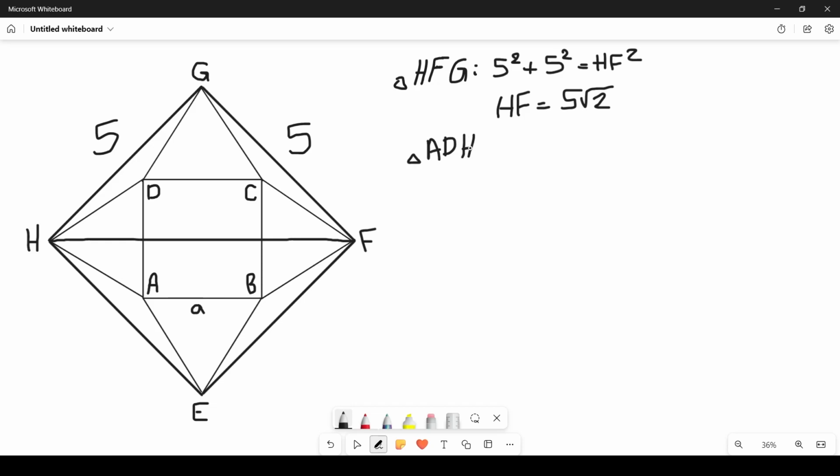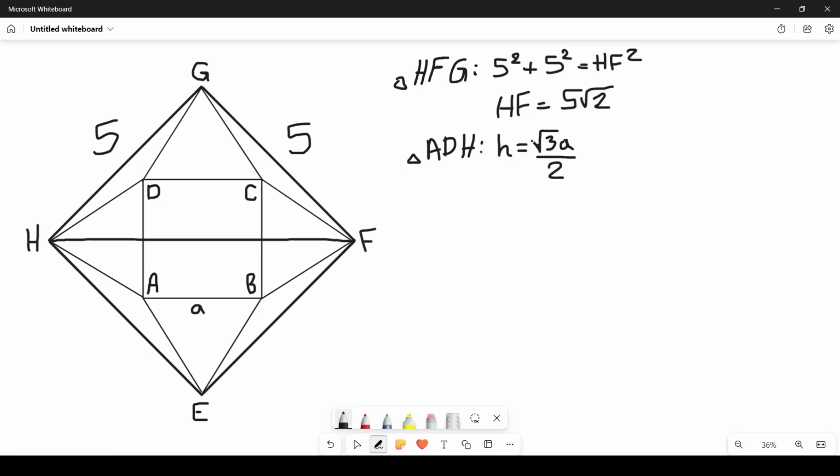The ADH triangle has a height, which we're going to call h, equal to square root of 3 over 2 times the side length, which is a. And this can be applied for every equilateral triangle. So the height is going to be square root of 3 times a over 2.